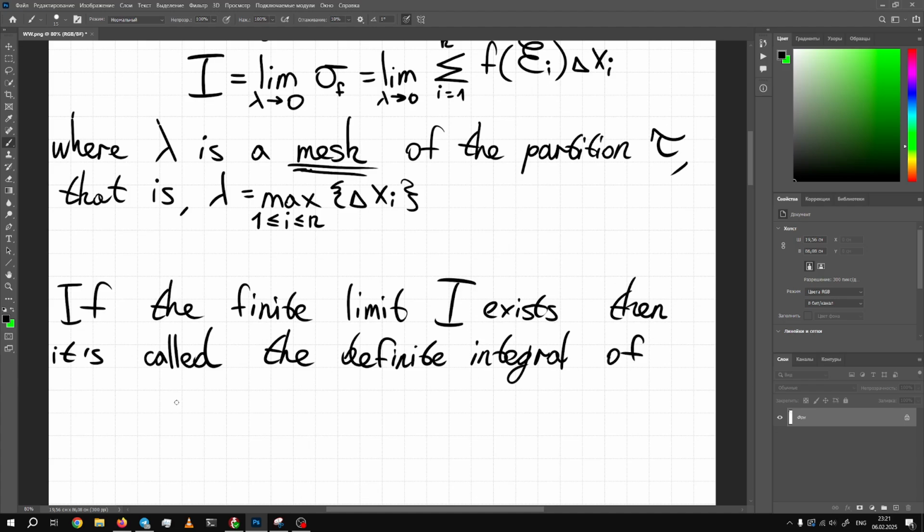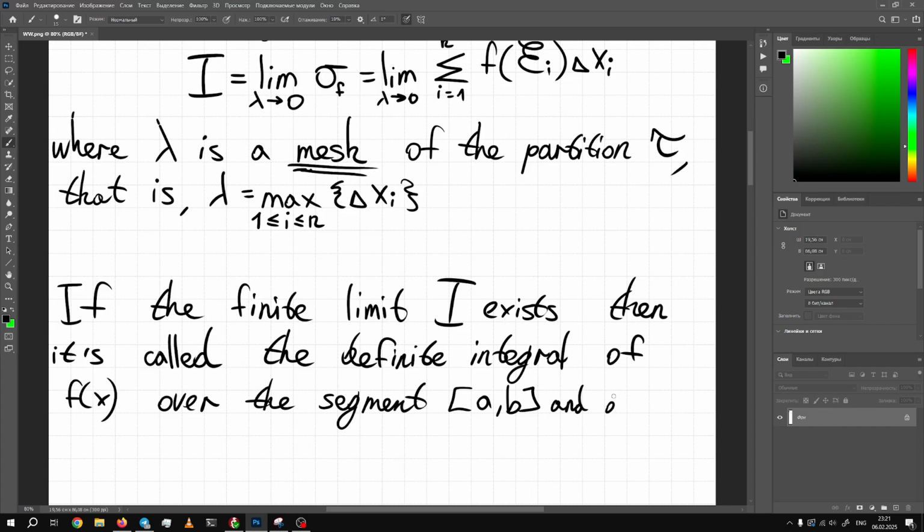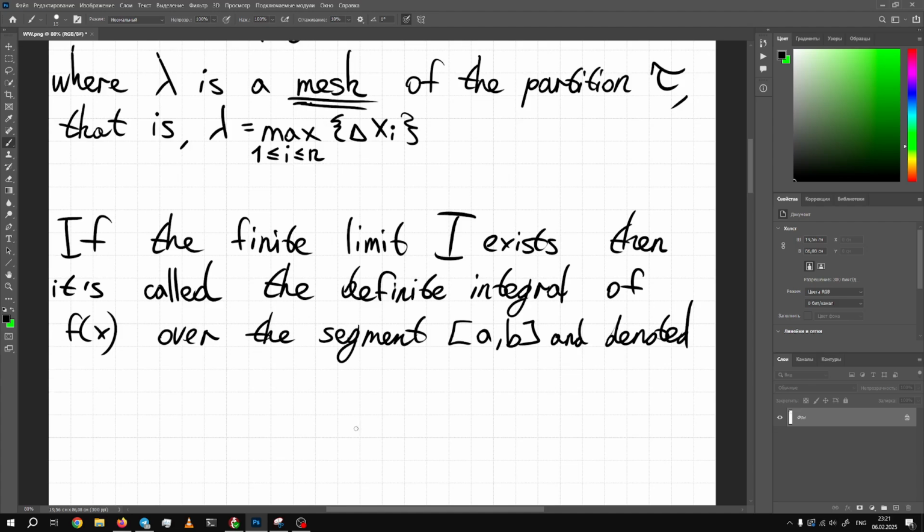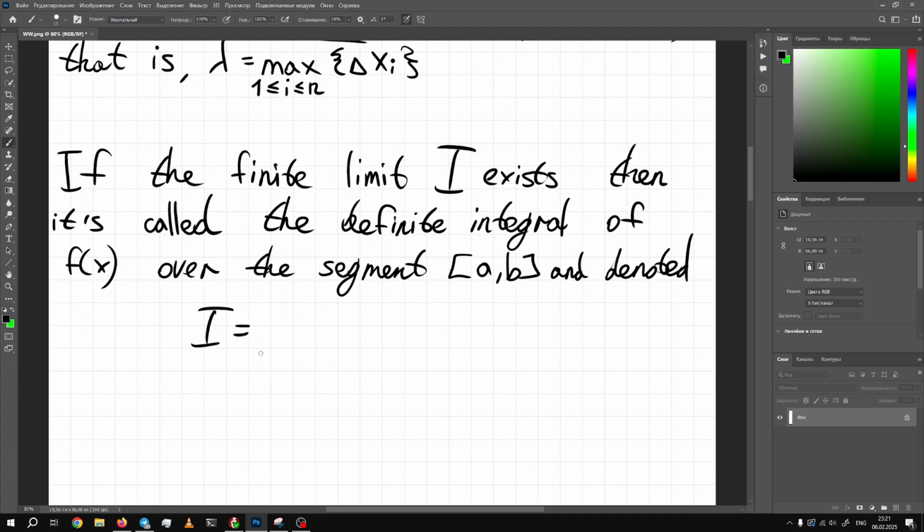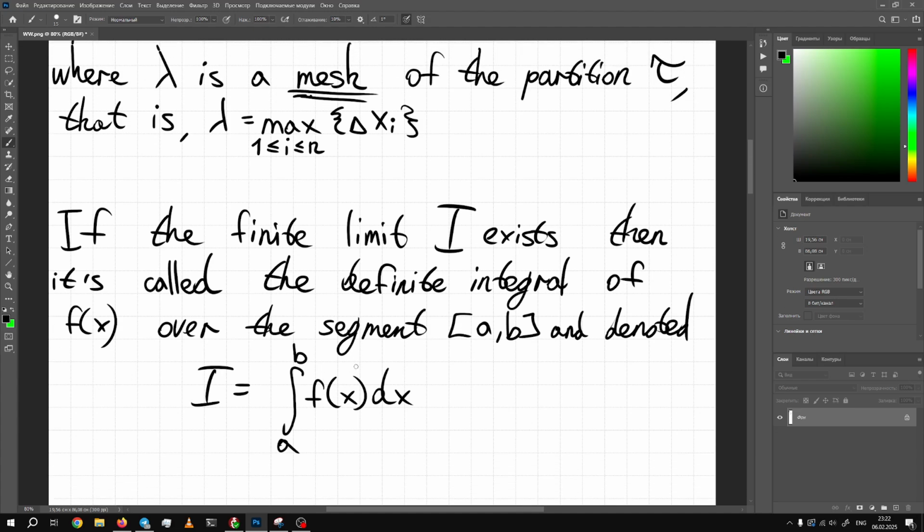of f of x over the segment AB, and denoted like I, which equals the integral from A to B of f of x dx. I think you're familiar with this sign.